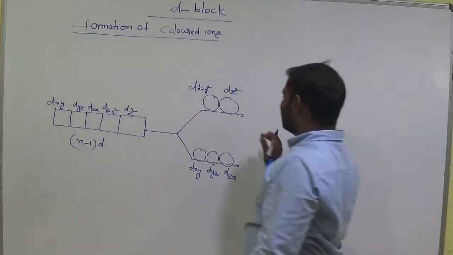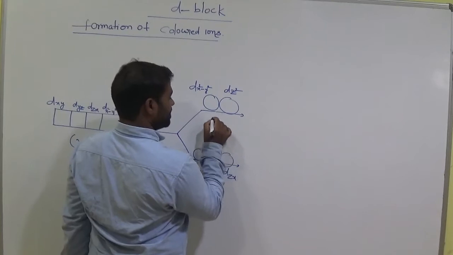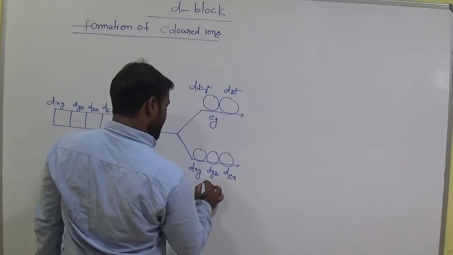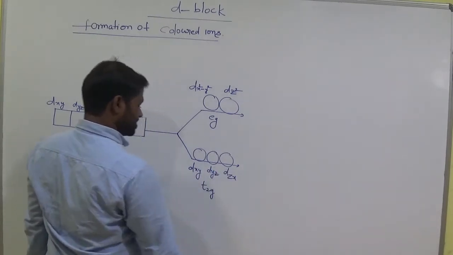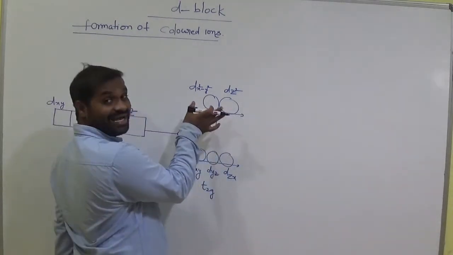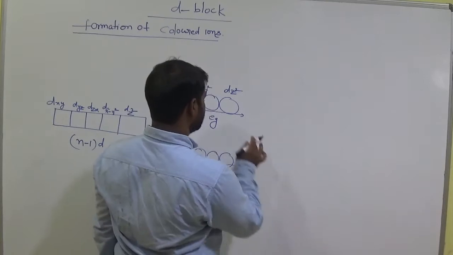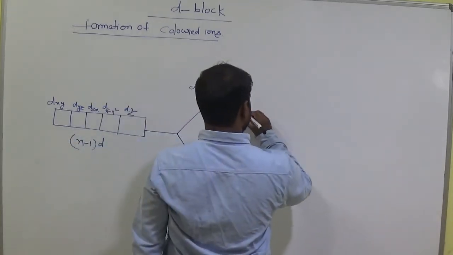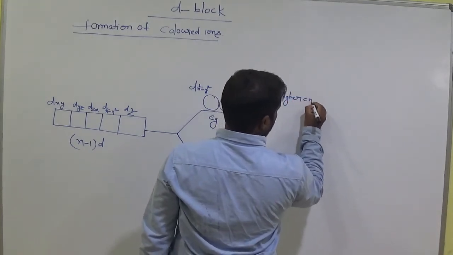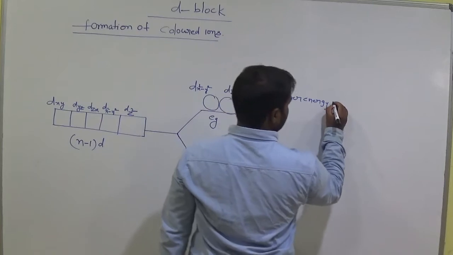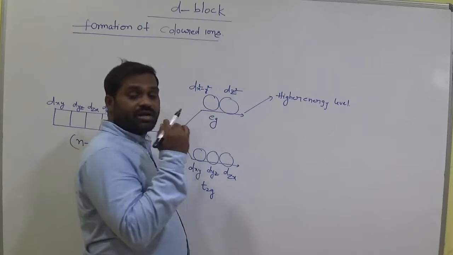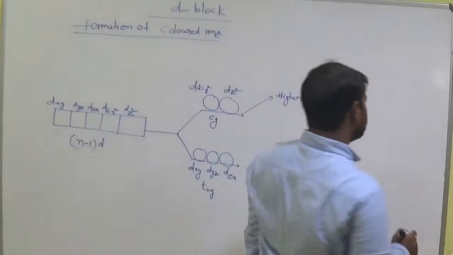Clear? These two orbitals are called eg orbitals. These three are called t2g orbitals. Now this is the higher energy level state. Those orbitals having higher energy are less stable.